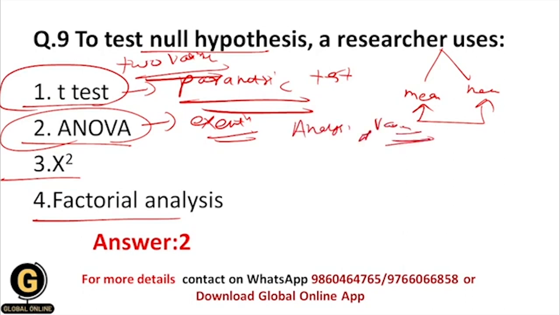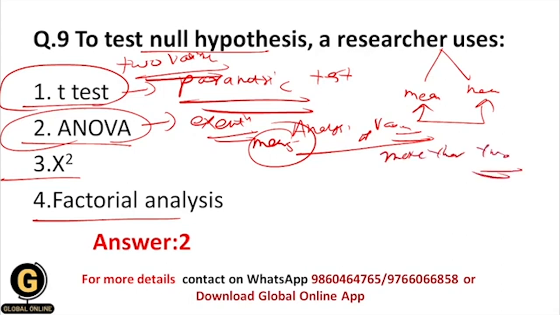This is the analysis of variance, and within the ANOVA test we are going to compare the means of different groups, but here we can compare more than two variables at a time, and that's why ANOVA test is more favorable than t-test. And that's why researcher uses ANOVA to test null hypothesis, because sometimes in a research process there are more than two variables. So in that situation we need to use ANOVA rather than t-test.